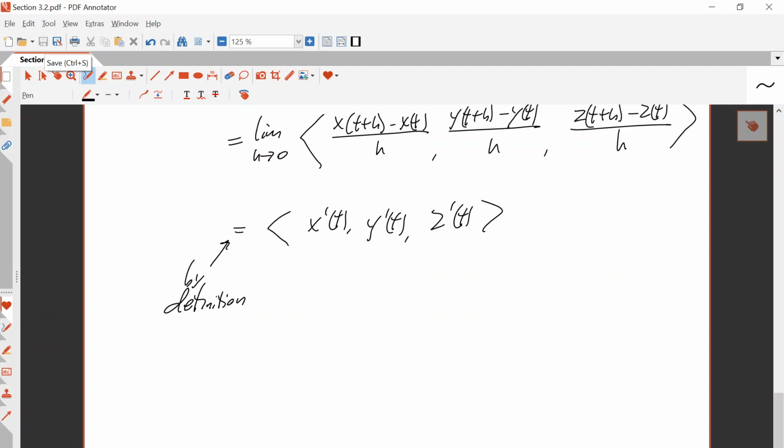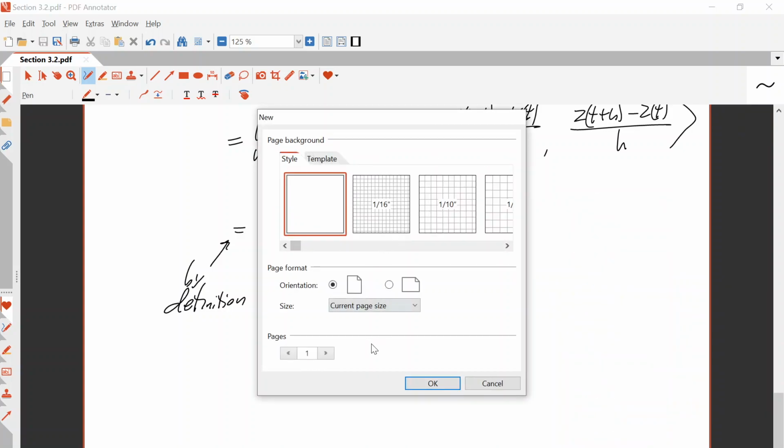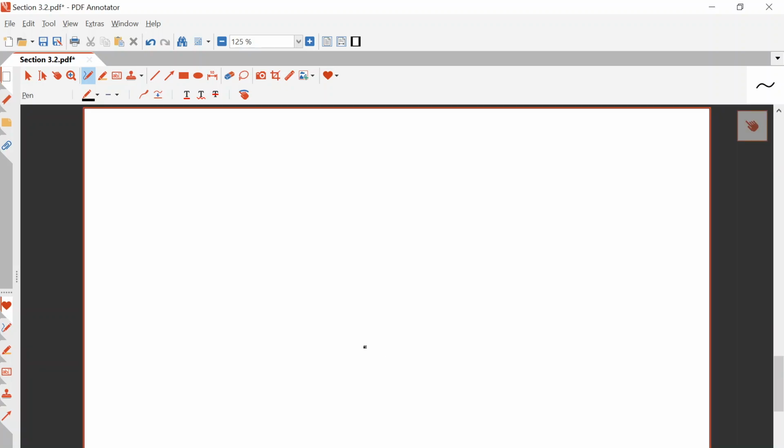Some algebraic properties of the derivative are as follows.